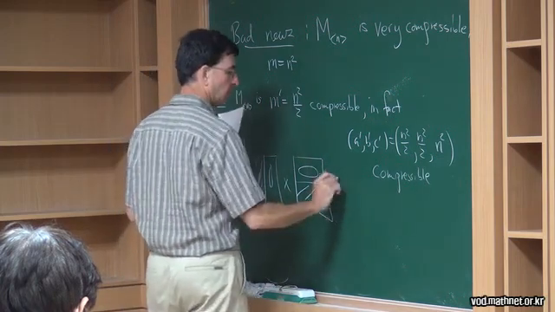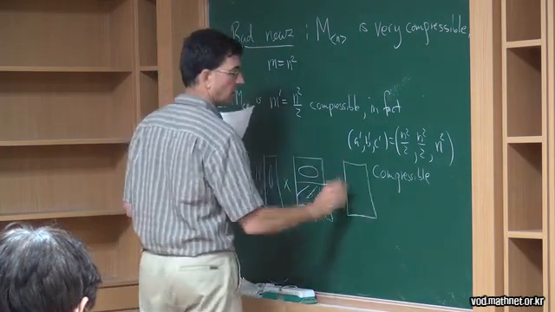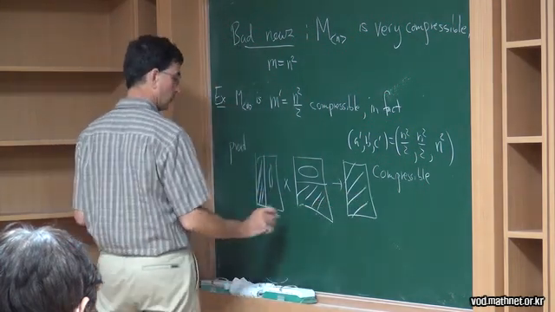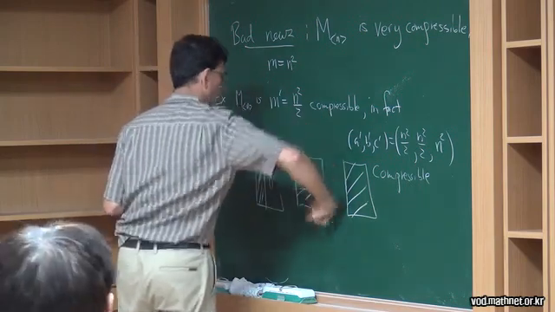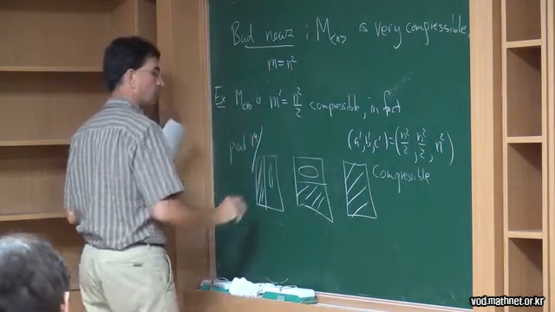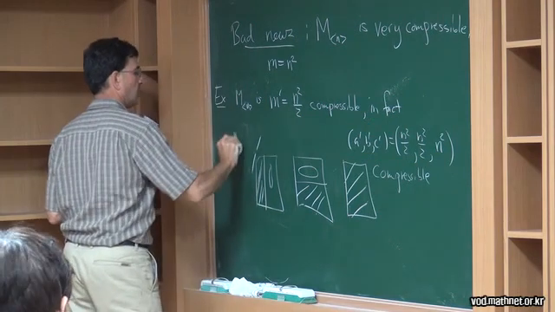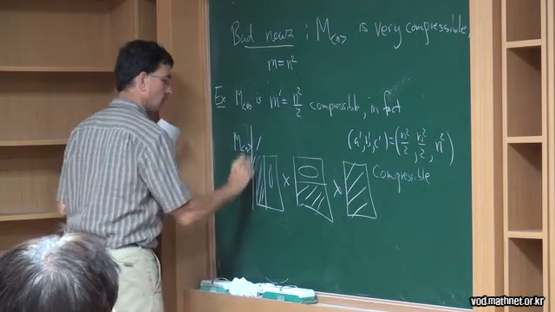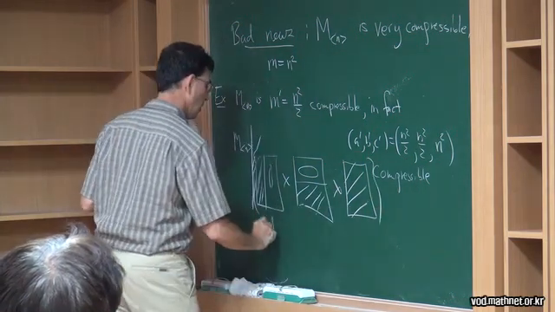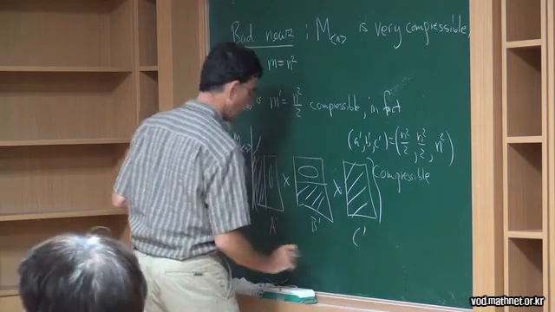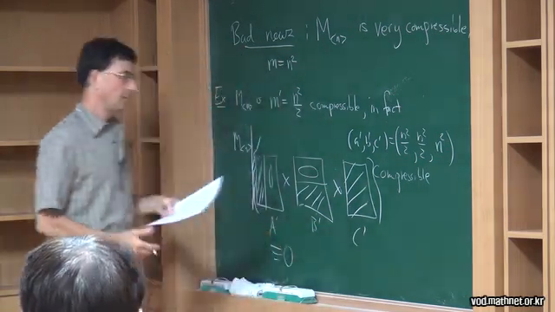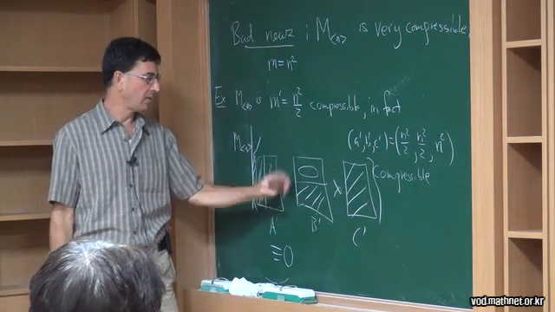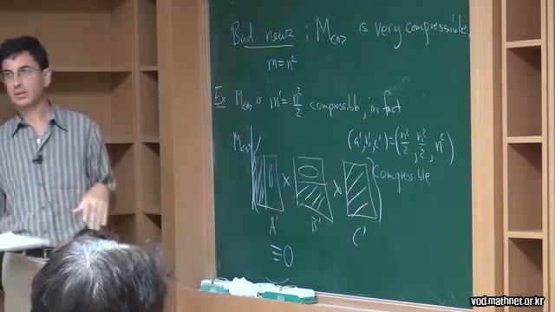And if I multiply any two such matrices, I get 0, so I can have anything I want here. If I restrict to this space, I get 0. The proof is M_n restricted to the product of these spaces. This is my A prime, B prime, and C prime is identically 0. So I don't even need to do any restriction here. I just chop off half here and half here, and all these are 0.